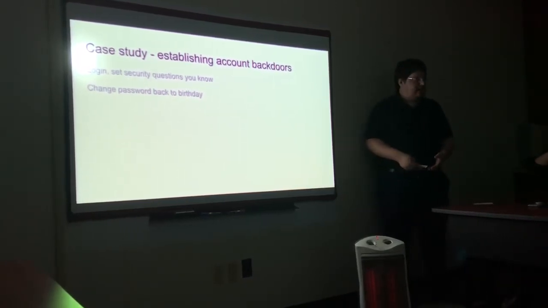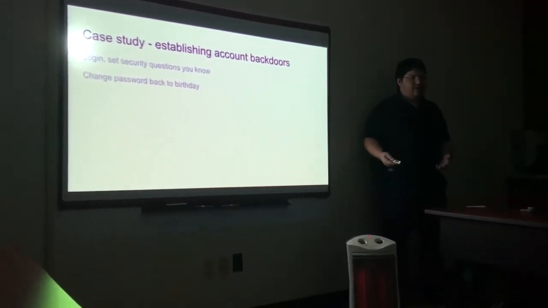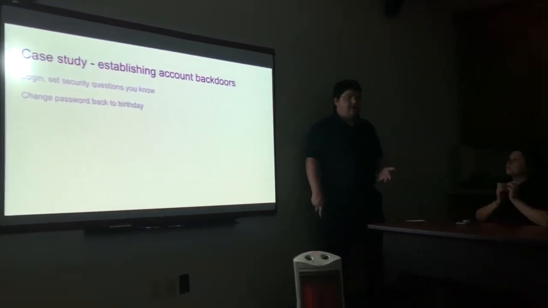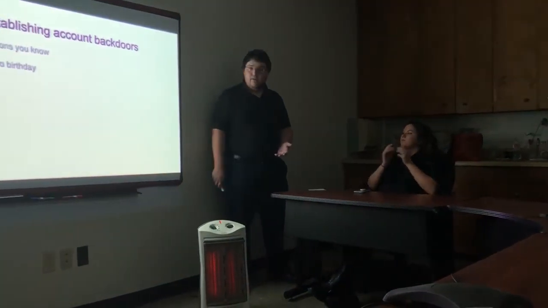It wants you to set a good password. So if an attacker were to do that, the user would eventually find out because they would not be able to log in. The user would go through the process of resetting their password, and the attacker would be kicked out of this person's account.